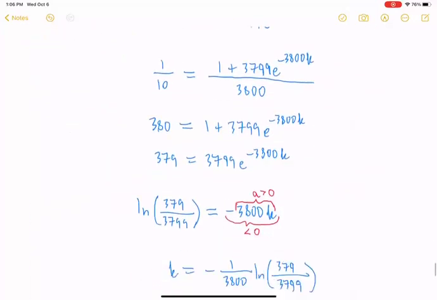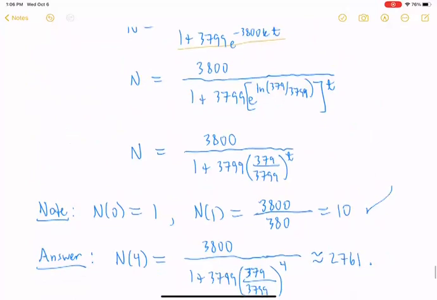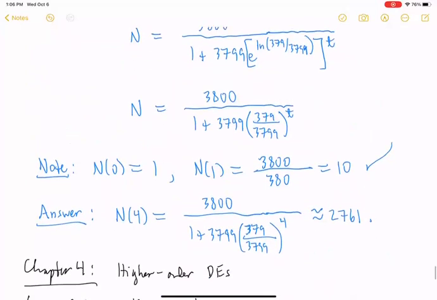Last time we finished with this example on COVID spread on campus. Now we're going to start talking about higher order differential equations in chapter 4. I just want to make sure that we're all on the same page. What do I mean by that? That could mean second order. What does second order mean?